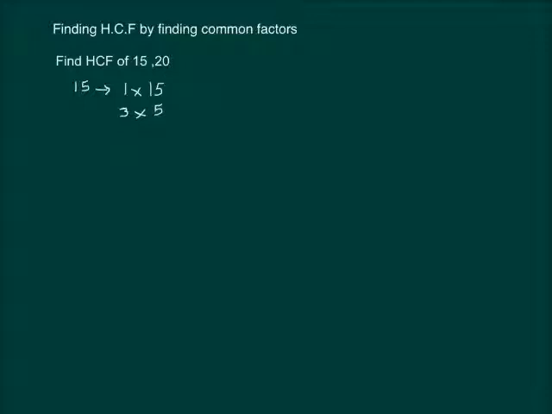Again 5 into 3 is 15. So the factors have started repeating and we stop at this stage.